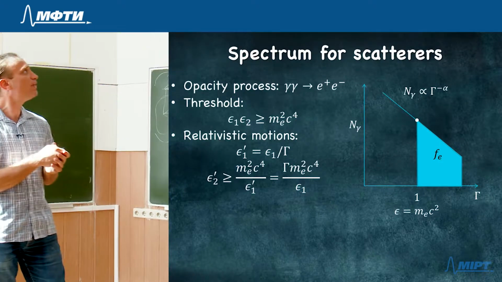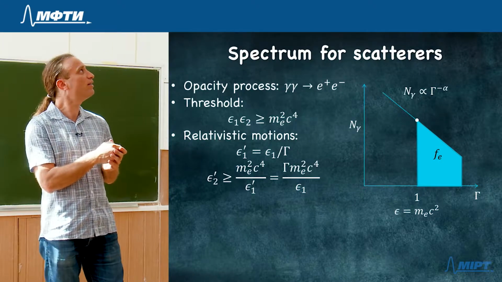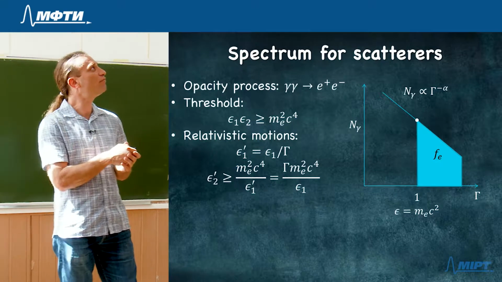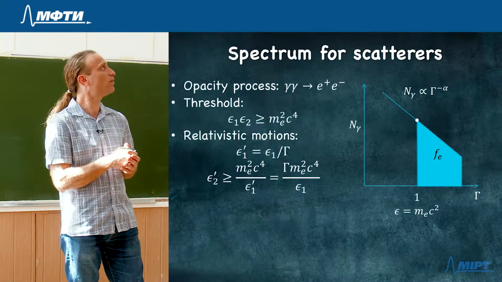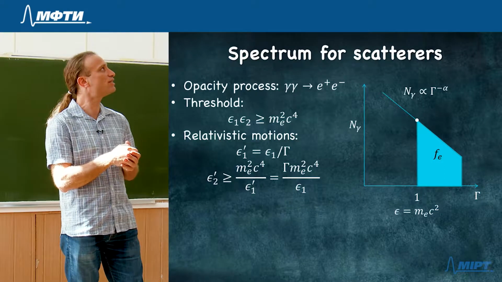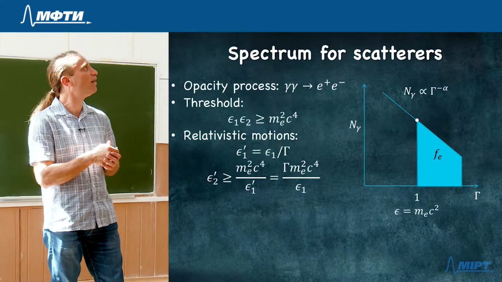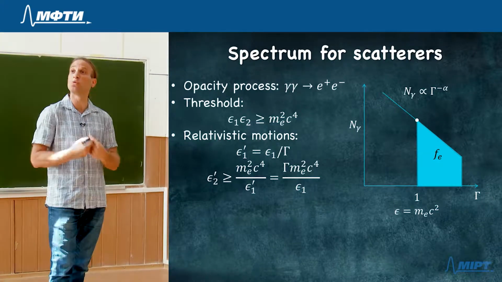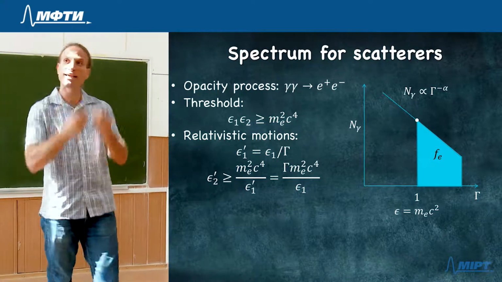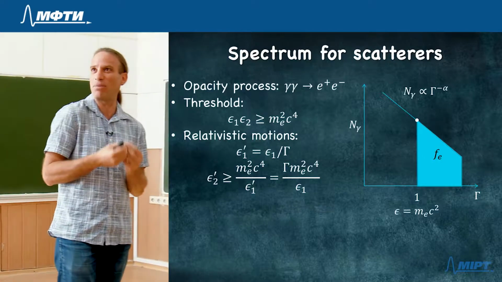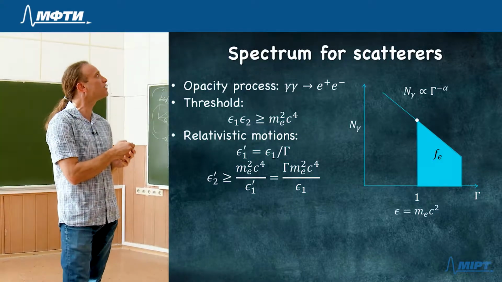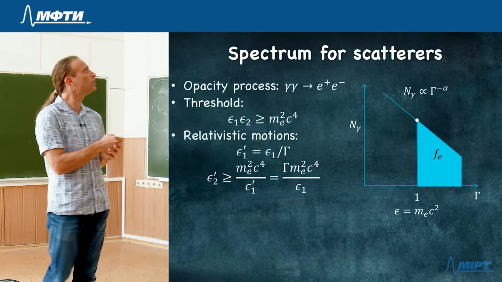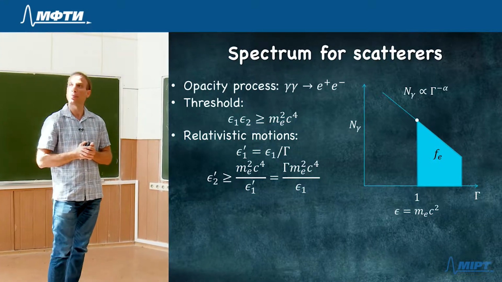It's just m squared c to the 4 divided by the energy of the photon in the rest frame. I just substitute E1 times gamma. So the minimal energy of the photons within the rest frame of the blob that can produce pairs from these photons is multiplied by a factor of gamma.